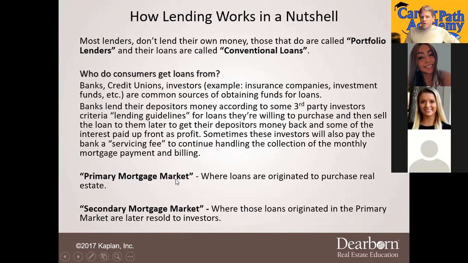That's where the lenders, banks, credit unions, and investors will lend money to consumers to purchase real estate with the intent of reselling those loans to investors in what we call the secondary market or secondary mortgage market.